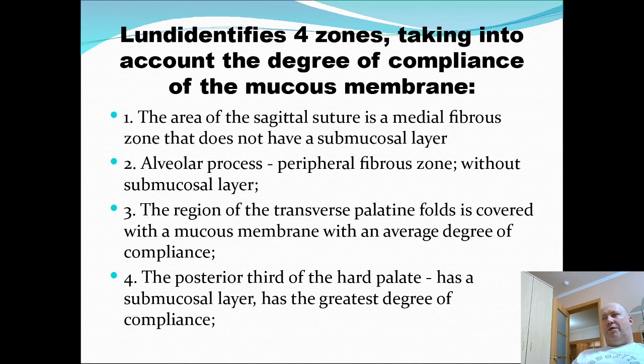Second one, alveolar process, peripheral fibrous zone without submucosal layer. The third one, the region of the transverse palatine folds, is covered with a mucosal membrane with an average degree of compliance. And the fourth part, the posterior third of the hard palate, has a submucosal layer, has the greatest degree of compliance.